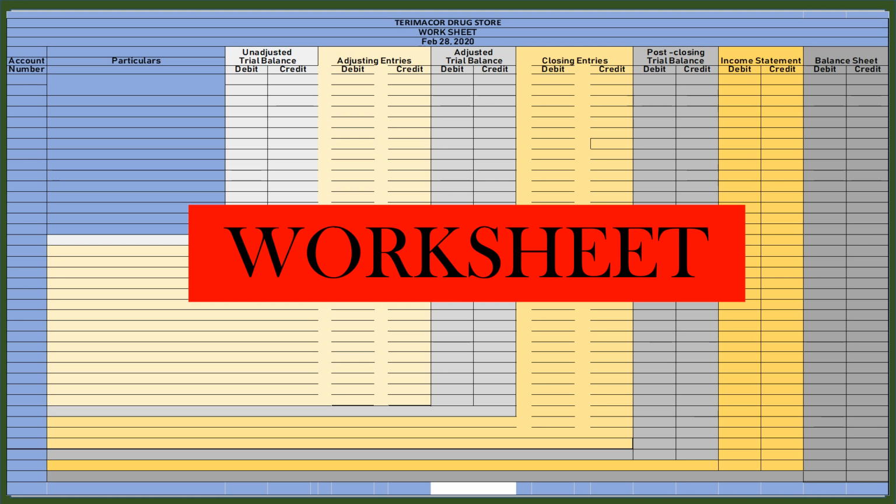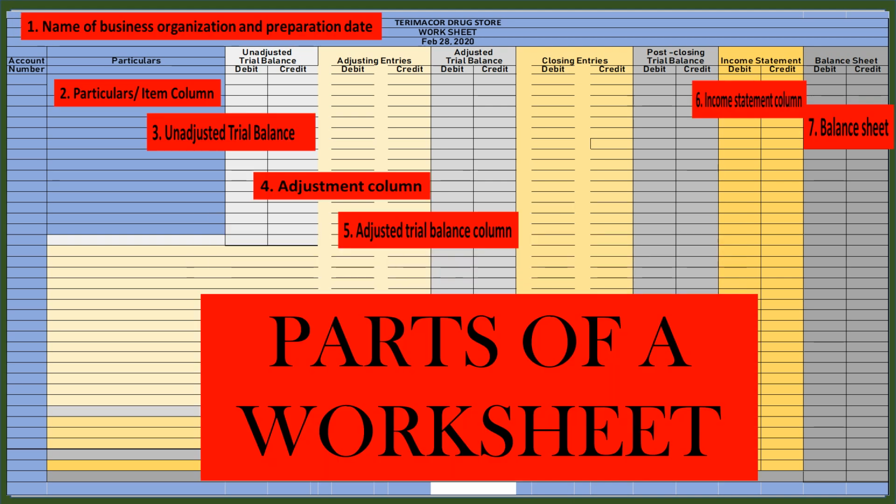This is the basic format of a worksheet. The number of columns and titles of columns depend on the nature and needs of the business.